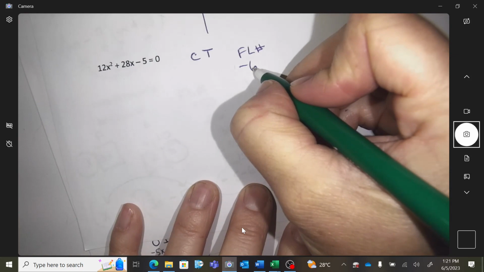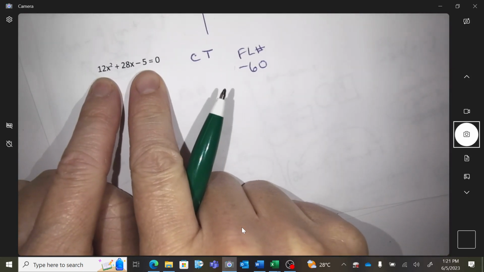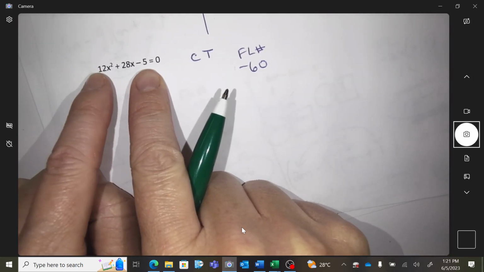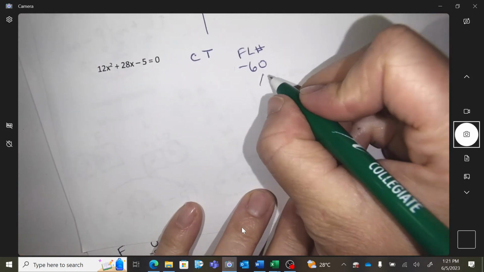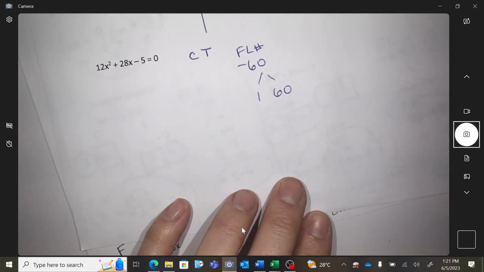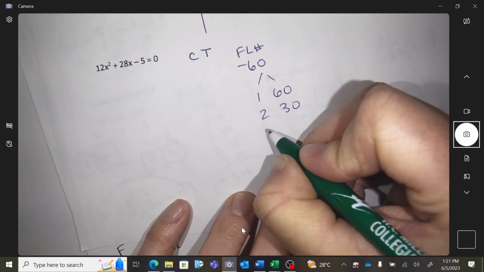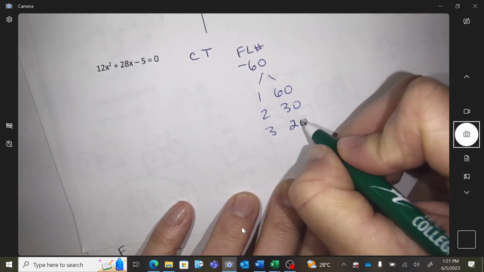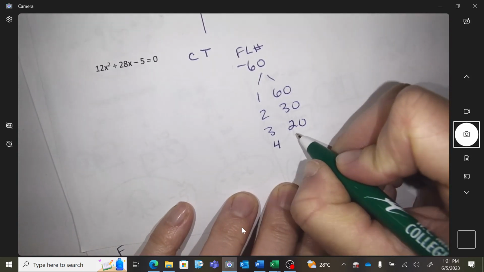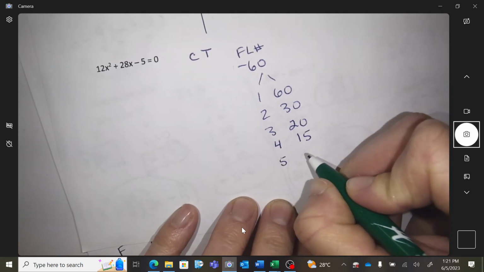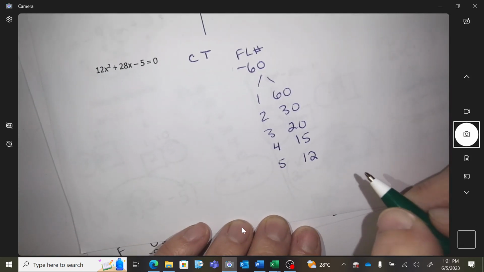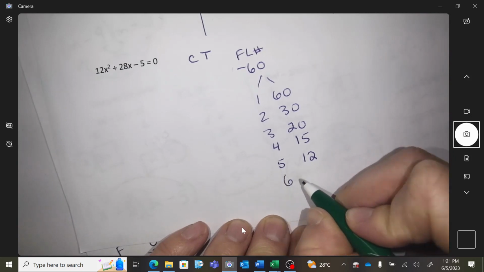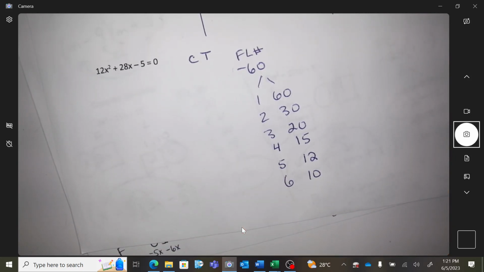So this is -60. 1 times 60, 2 times 30, 3 times 20, 4 times 15, 5 times 12, and 6 times 10. So 60 has all those sets that we could possibly use.